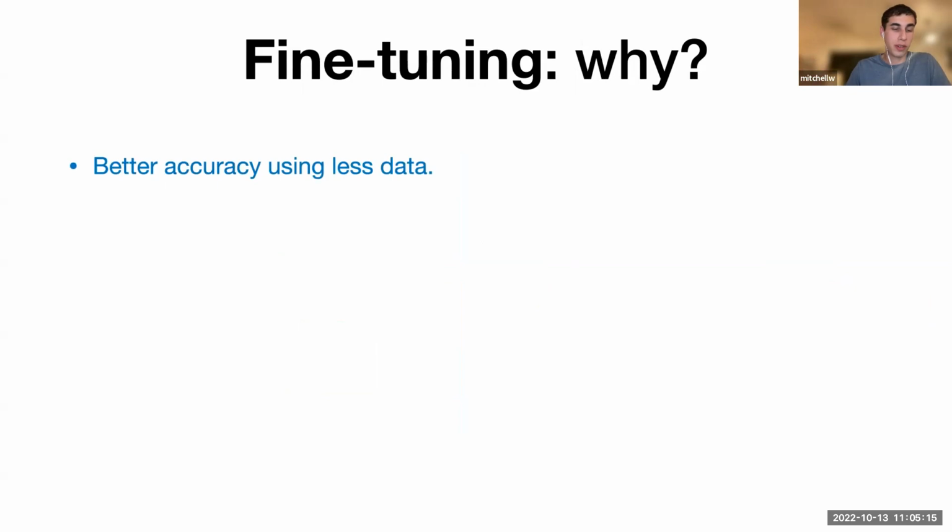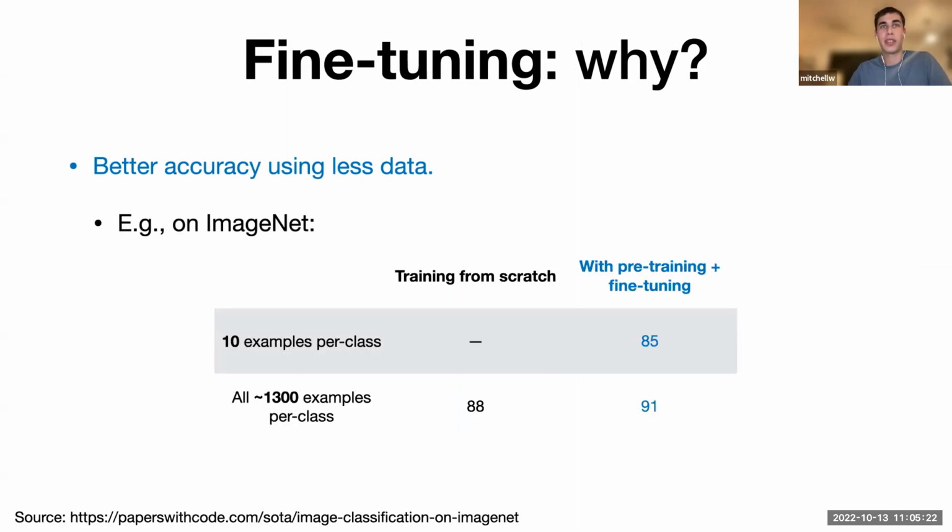To look at one example of this, we can look at the commonly used ImageNet data set, where we can see that with only 10 examples per class, if you first pre-train and fine-tune, this is actually going to approach the accuracy of using the whole data set and training from scratch. So this is just a quick motivation for why you should care about fine-tuning. I know probably a lot of you are already experts in fine-tuning, but just in case.